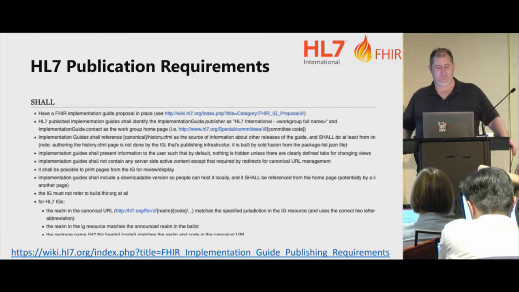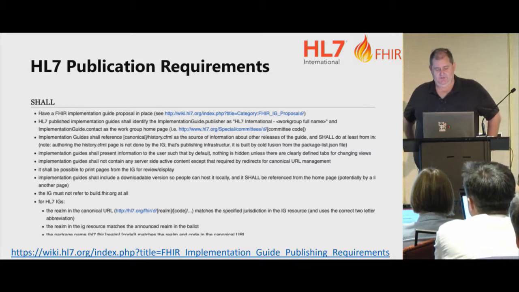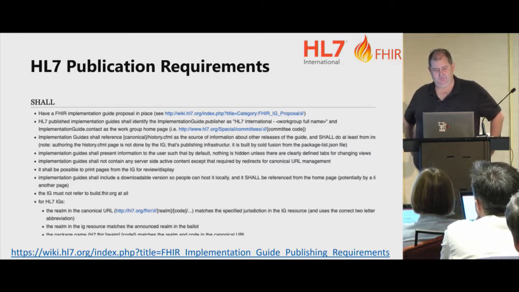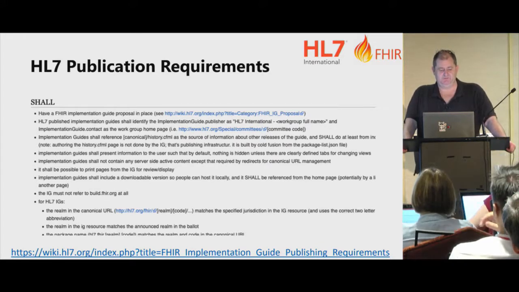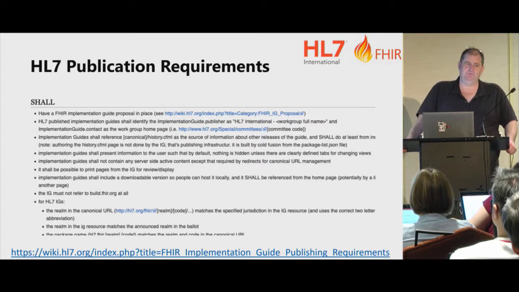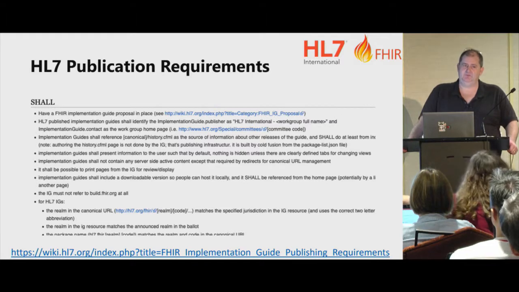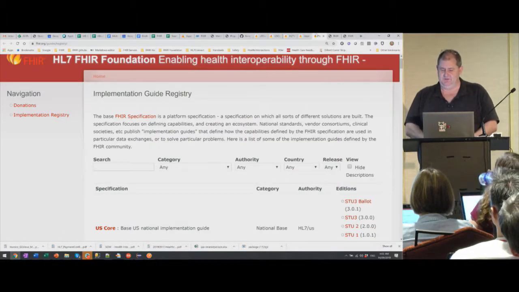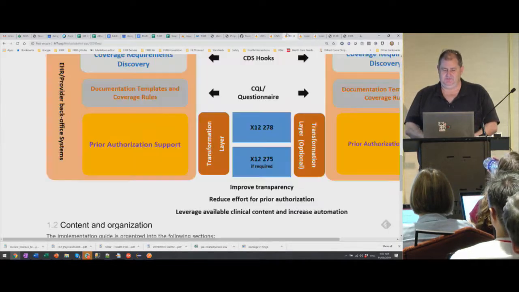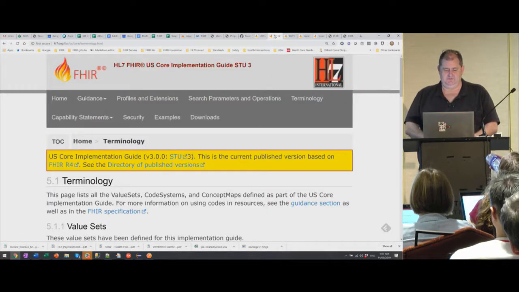Any implementation guide that we publish has to pass a set of publication requirements. These are all technical. We expect that an implementation guide will have the correct branding. It will clearly display the name and the version up the top here.